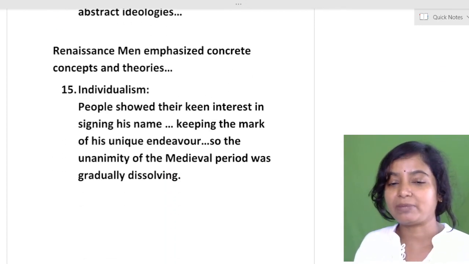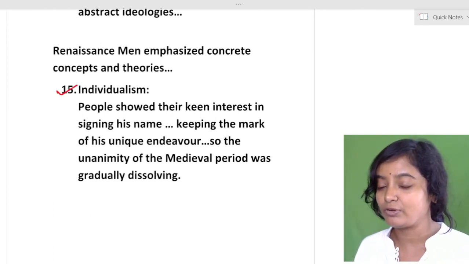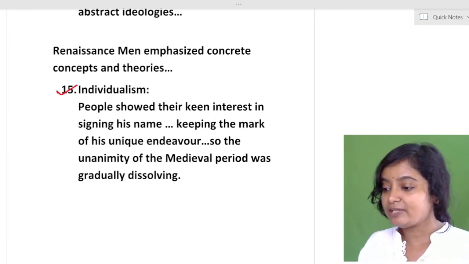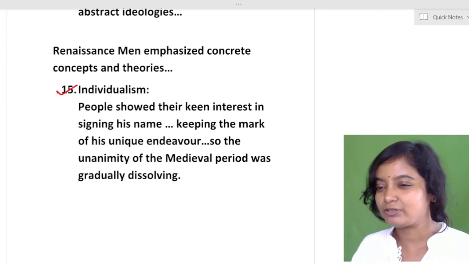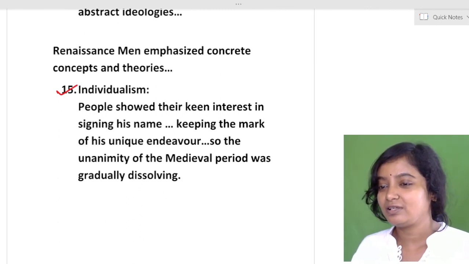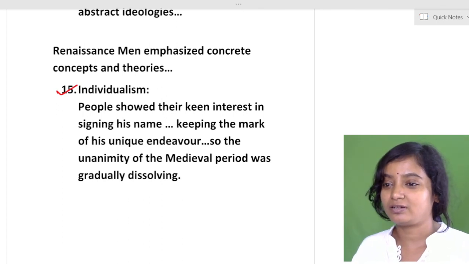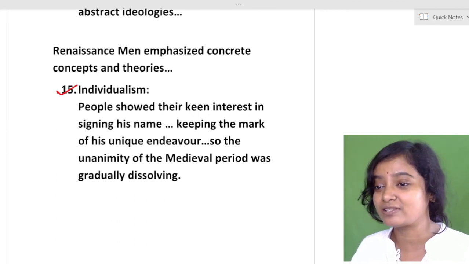Now 15. Individualism. Individualism is related to humanism. What is individualism? In the medieval period, we find most of the writings were anonymous. People didn't bother to sign their name. But in the Renaissance period, people wanted to keep the mark of their creativity in human endeavor, in human history.